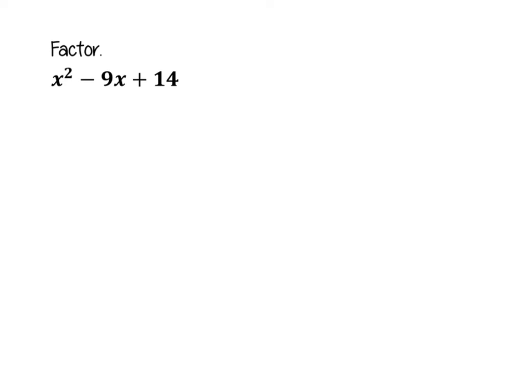So my first step, if I want to factor using the distributive property, is to break my middle term into two pieces. So I have 4 pieces all together. And I do that using a diamond. So I know x squared times 14 is just 14x squared, or 1 times 14 is 14. So I need the two pieces I break negative 9x into to multiply to 14, but add to negative 9.